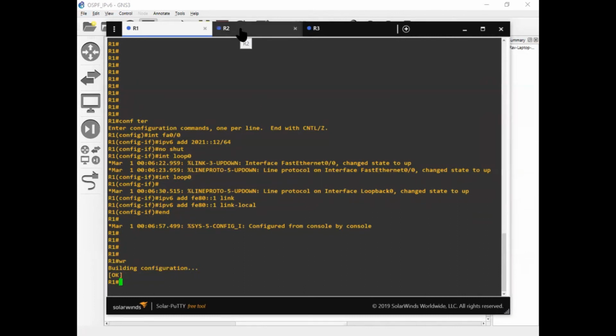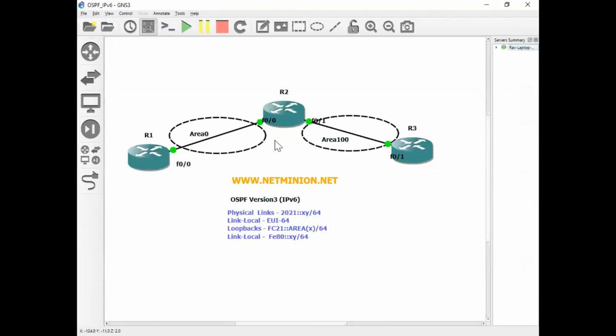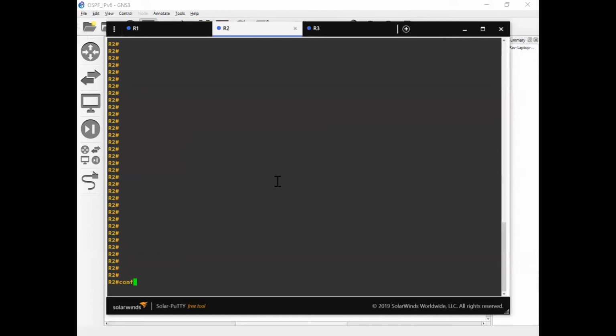Similarly, I need to go to R2. On R2, let me see, I have two physical interfaces, FA0/0 and FA0/1. I am going to configure terminal, interface FA0/0, IPv6 address, it should be 2021, and since it is connected with 1, I am just writing 64. I am saying no shut.